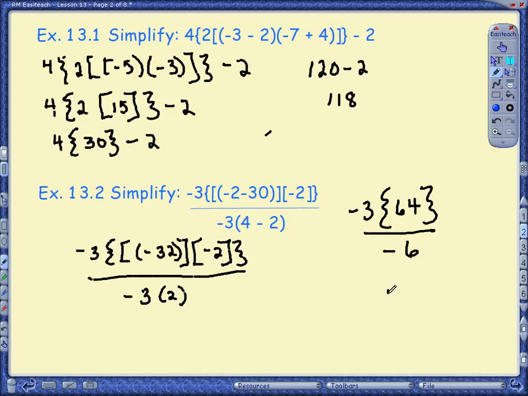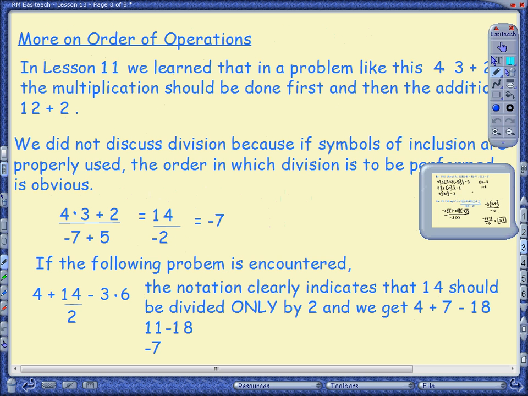That's going to give me 12, carry a 1, -192. And -6. This is a negative divided by a negative. -6 into 19 goes 3 times, carry a 1, and into 12 twice, and my final answer then is positive 32.